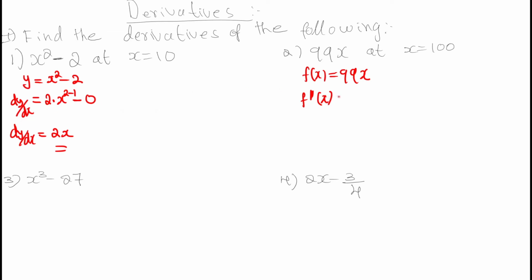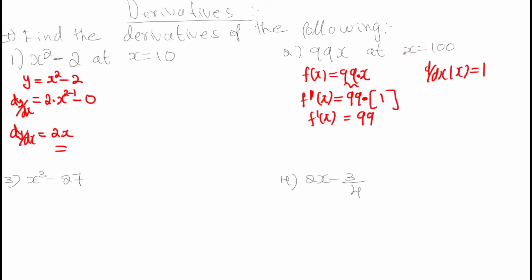So f dash of x is equal to, see, 99 into x. Don't write it's equal to 0. Here a number is multiplied by x, right? So write 99 itself into, what is the derivative of x? Derivative of x is equal to 1. d by dx of x is equal to 1. Okay, so 99 into 1 is equal to 99. I got f dash of x is equal to 99.